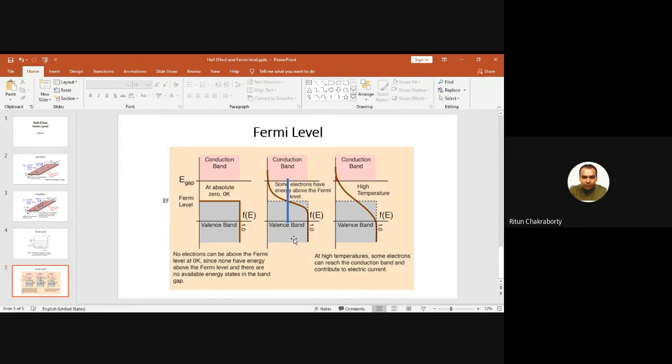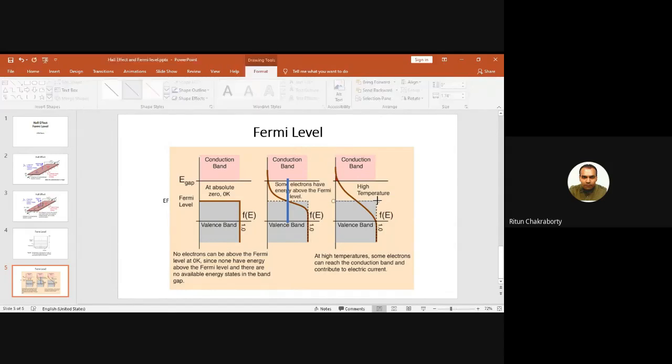Anyway, the Fermi level is the middle one, this dotted line in the second figure, and this brown line is the Fermi function f(E), which is symmetric about the Fermi level. It has this particular shape, but if you keep increasing the temperature, the Fermi function will change its shape a little bit, but nevertheless it is always symmetric about the Fermi level.